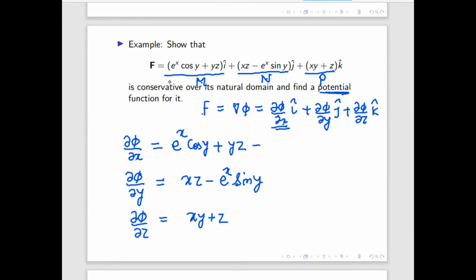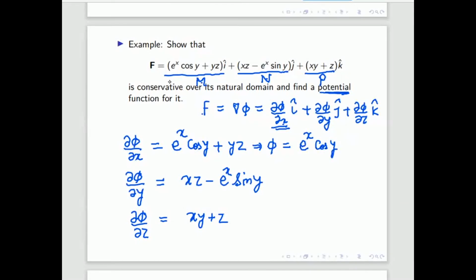So from the first one, we have to integrate with respect to x. What will be the integration? e to the power x cos y plus xyz. So the integration of e to the power x will remain e to the power x cos y. And what is the integration of yz?